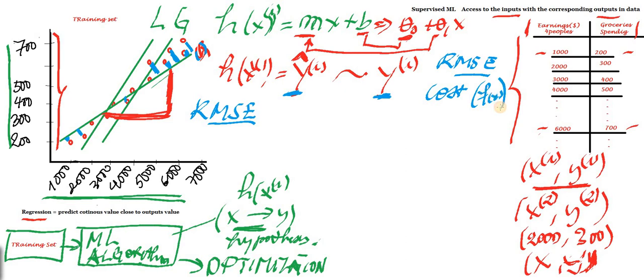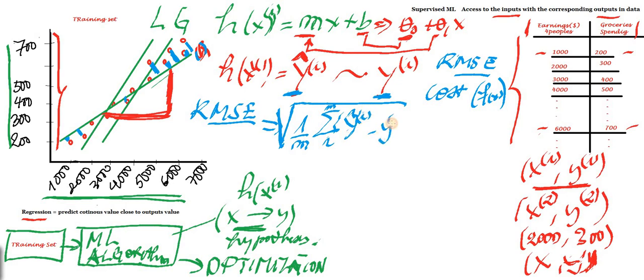or objective function. The root mean square error can be expressed mathematically as the square root of the average of the sum from i to m, the number of training examples, of the predicted value, which is y hat superscript i, minus the actual value y superscript i, raised to the power of 2.